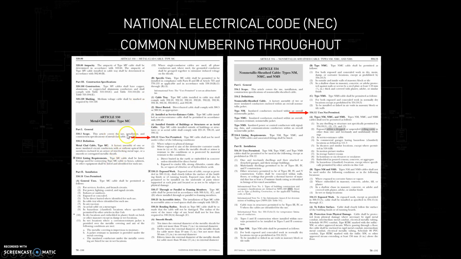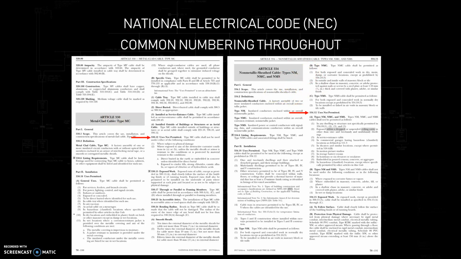We could go through both of these articles and point these similarities out. But my point is, if you become somewhat familiar, for instance, with your .10 and your .12, .10 is uses permitted, .12 is uses not permitted. Let's say you happen to remember a few key code articles. You know that type MC cable is Article 330, or Article 334 is NM cable, because they're common materials.